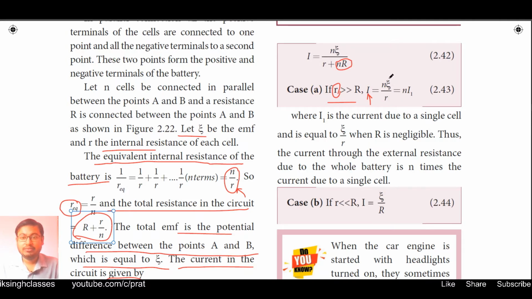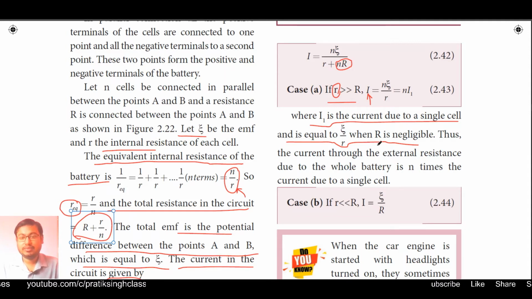We know very well that Xi by r is equal to I1. So here I1 is the current due to a single cell, equal to Xi by r when R is negligible, or the value of R is far lesser than the internal resistance small r.